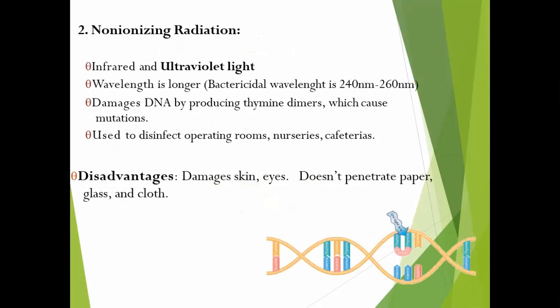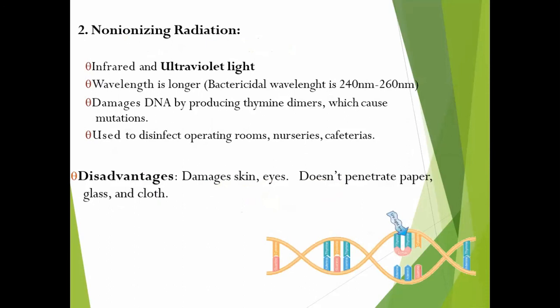Number two is non-ionizing radiation, infrared and ultraviolet light. The wavelength is longer. The bactericidal wavelength is 240 to 260 nanometer, and it damages DNA by producing thymine dimers, which cause mutation.